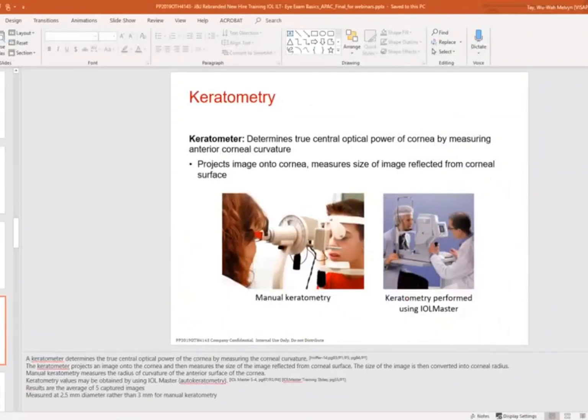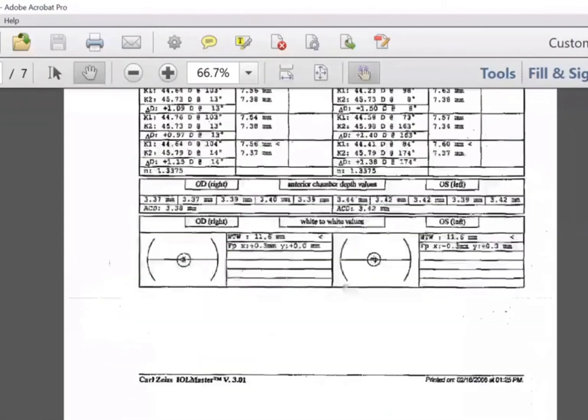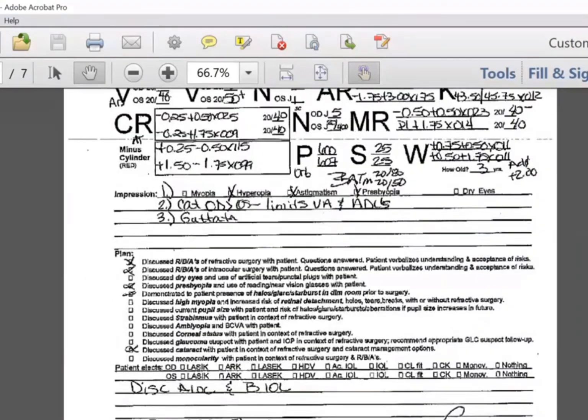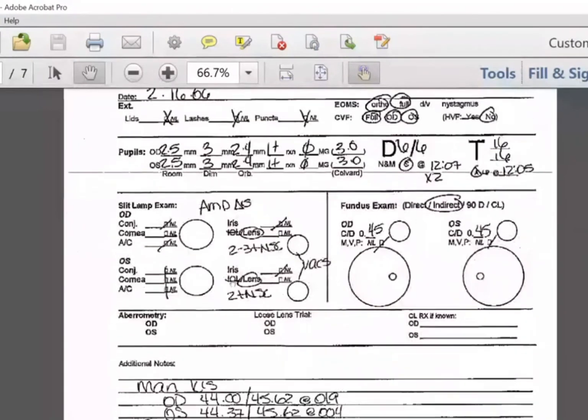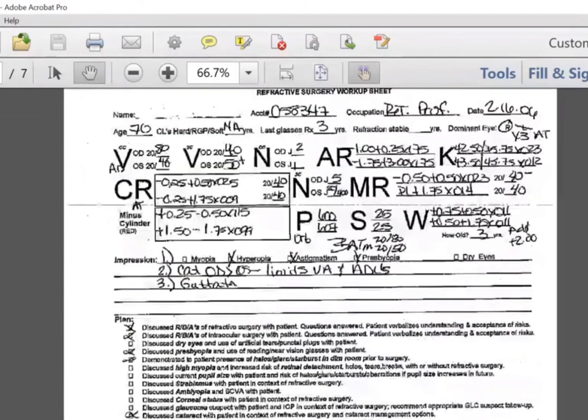And you can see it here. If you look at this patient report, it's got three different keratometry readings. This one here is performed by the autorefractor. So you've got the K readings performed by the autorefractor, and then at the bottom of the case sheet, it shows that manual keratometry is also performed, and you can see that it's quite different in terms of the readings compared to the autorefractor.